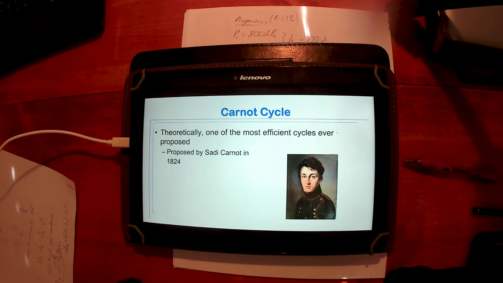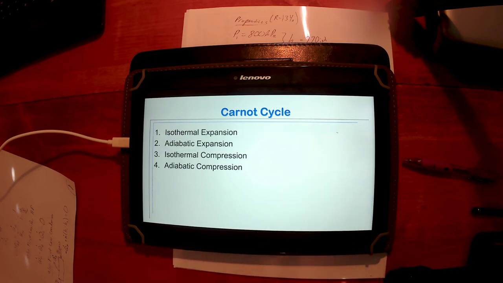And he put together a thesis or a dissertation, and in that, he proposed this reversible cycle. And the most efficient cycle that to this point had been proposed.